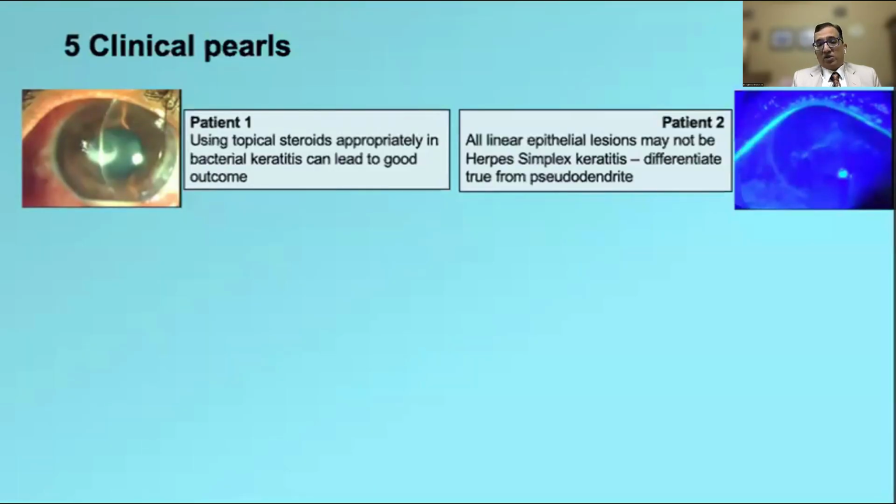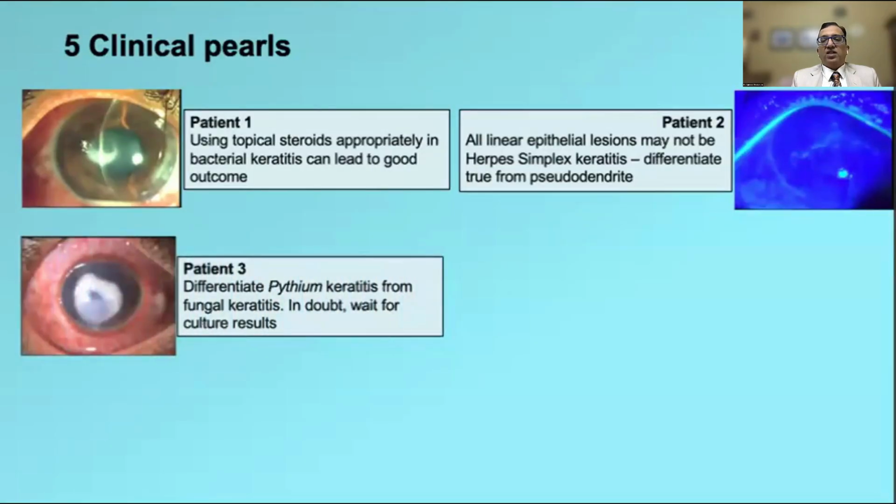A pseudodendrite can be like this, a very thin linear lesion like this. Sometimes a healing abrasion can also give an appearance of a pseudodendrite. You can have some very short dendrites in herpes zoster. So one should be able to distinguish a pseudodendrite from a true dendrite.